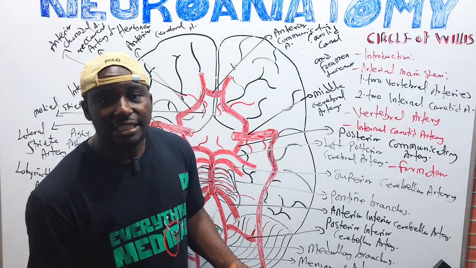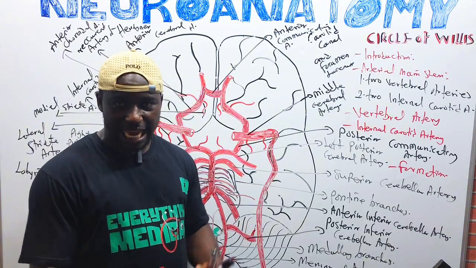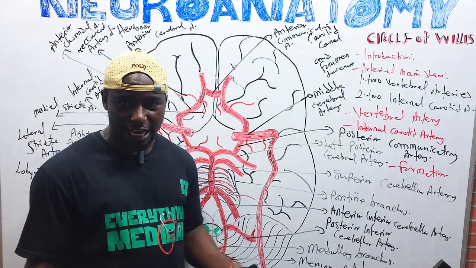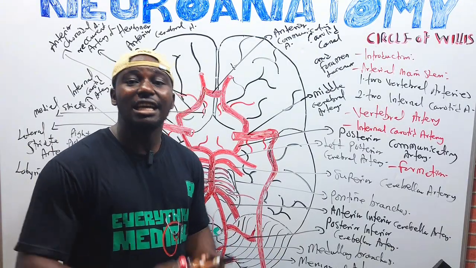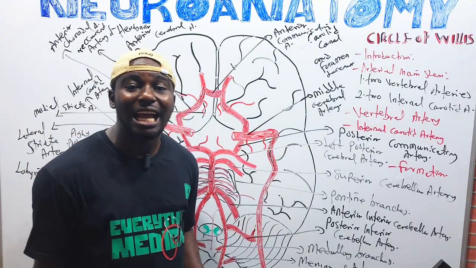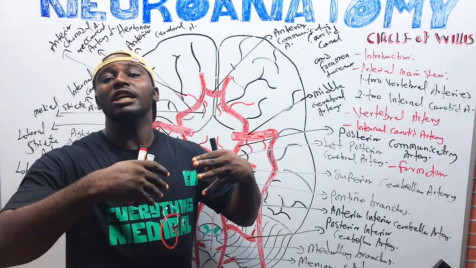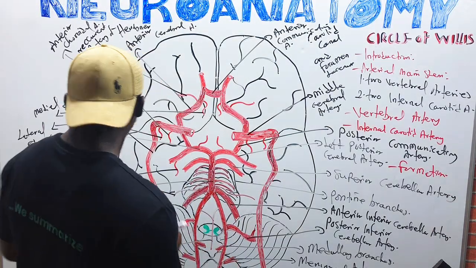They unite at the base of the brain, particularly at the interpeduncular fossa, where they form a six-sided polygon of arteries called the circulus arteriosus or the Circle of Willis, right?